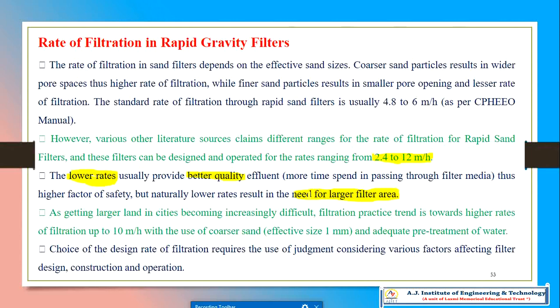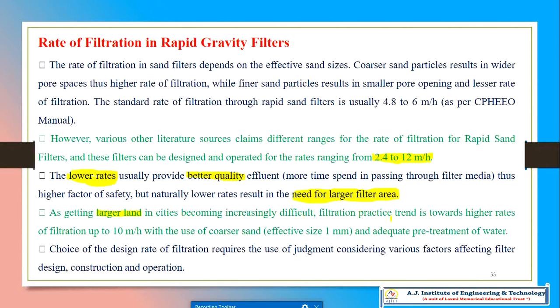But with lesser area, the time required will be more. As land gets larger and costlier, it is becoming increasingly difficult.